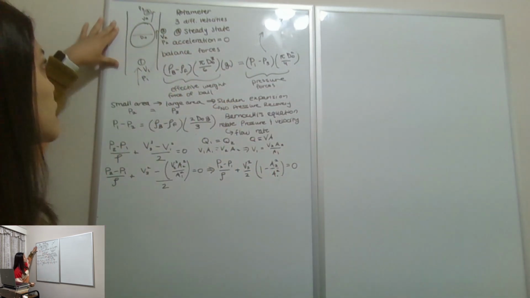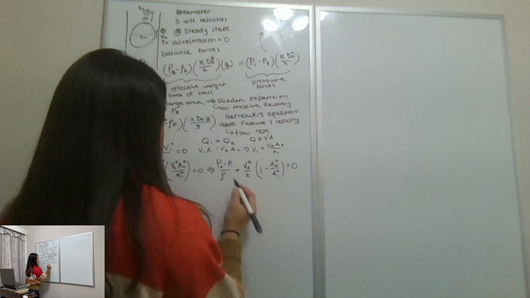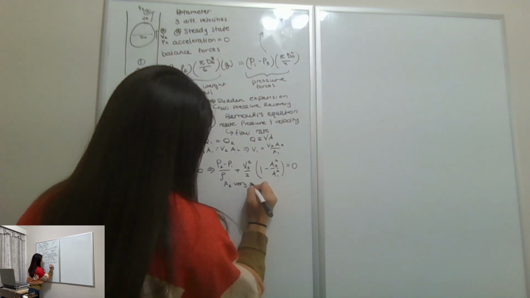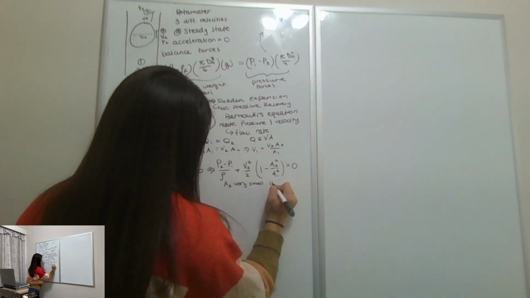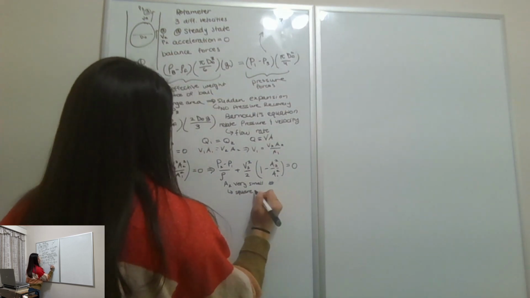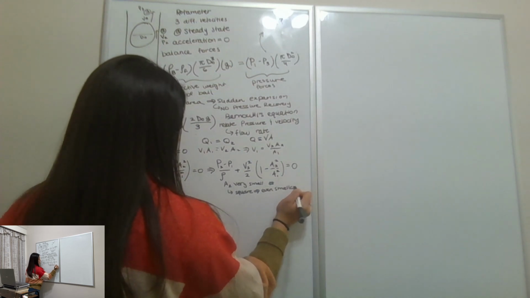So if we look here, we can see that the cross-sectional area at position 2 is very small. And so if the cross-sectional area at position 2 is a very small number, when you square a very small number, it gives you an even smaller number.